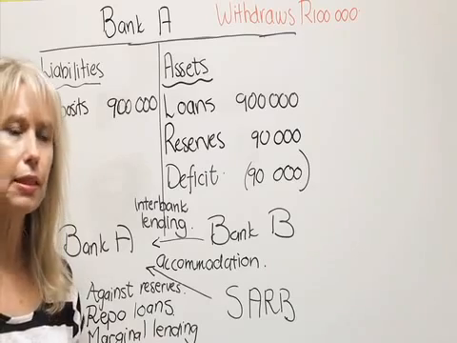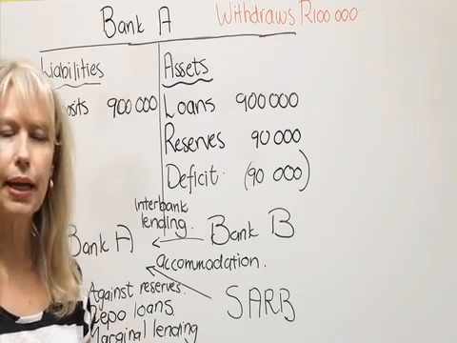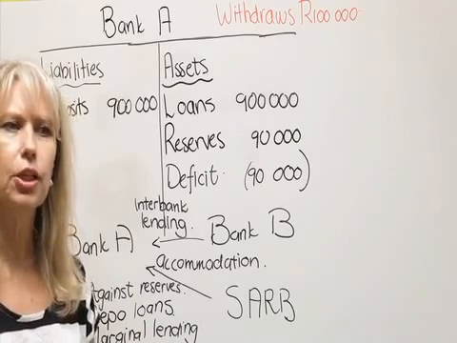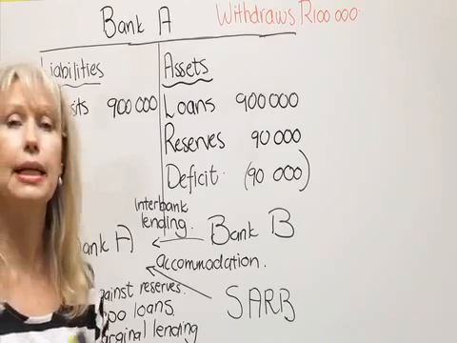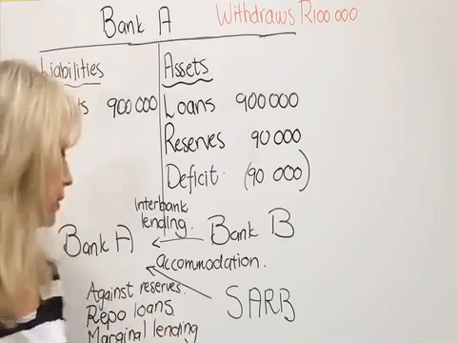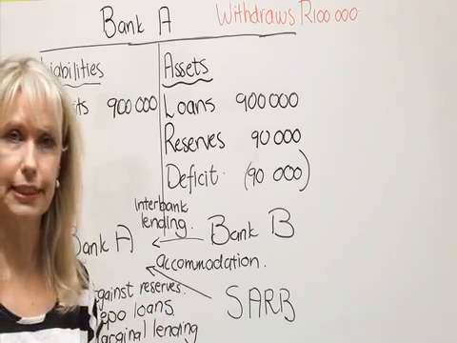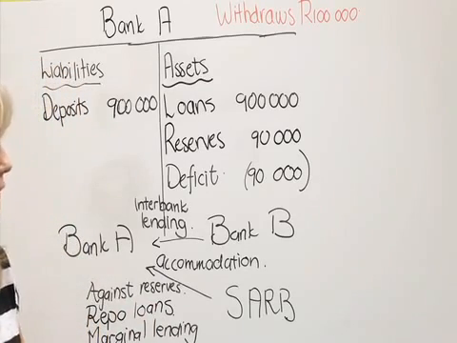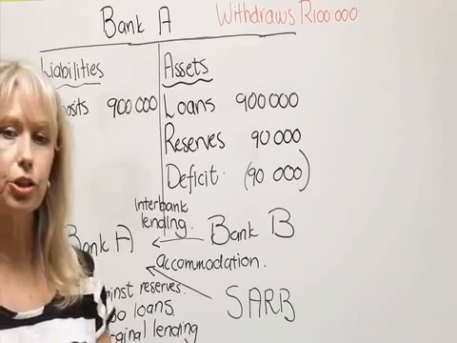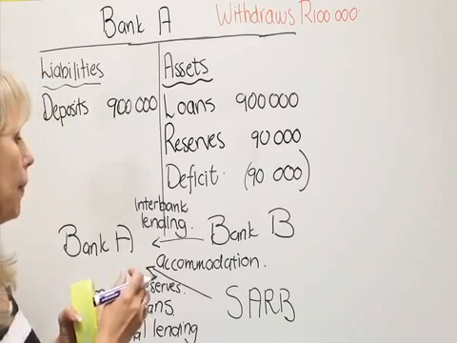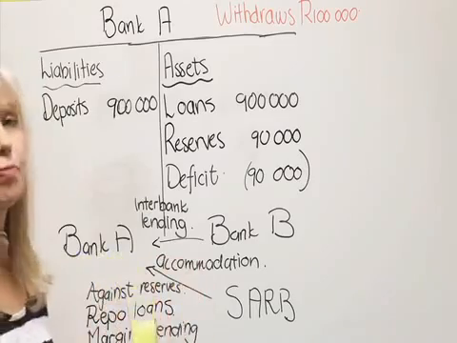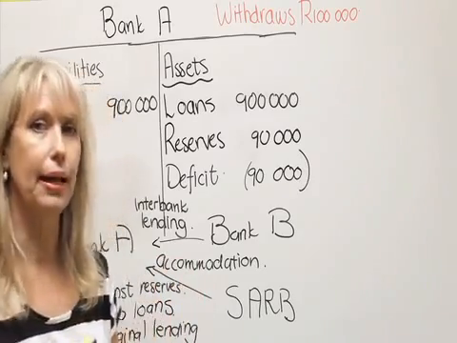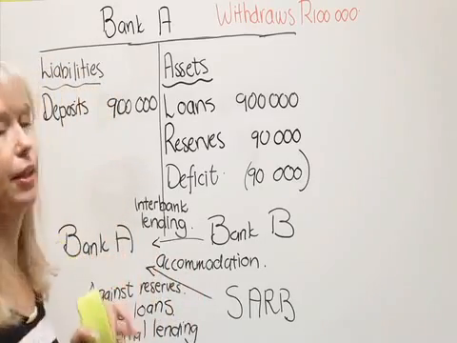It's much too expensive, and if you go and look at the Reserve Bank's quarterly bulletins, you will see, I think for nearly a decade, banks have not made use of this marginal lending facility. Now in the next video clip, I'm going to explain to you how the Reserve Bank actually wants banks to come and borrow money from it.